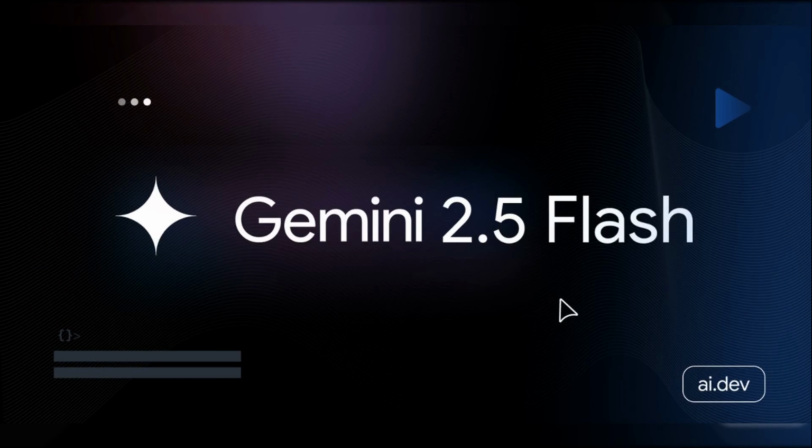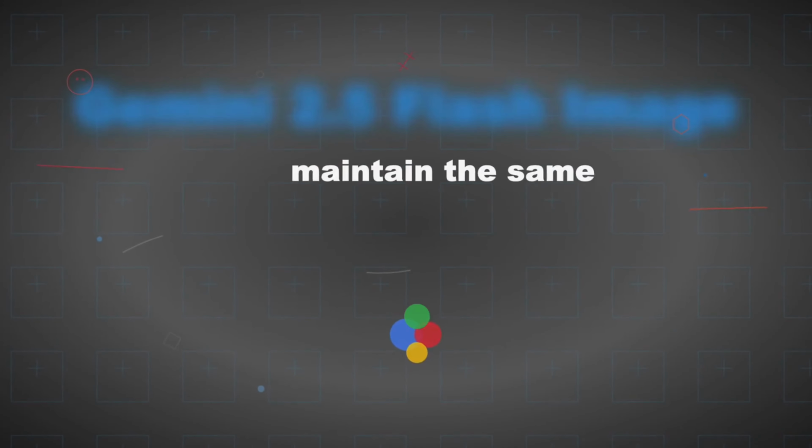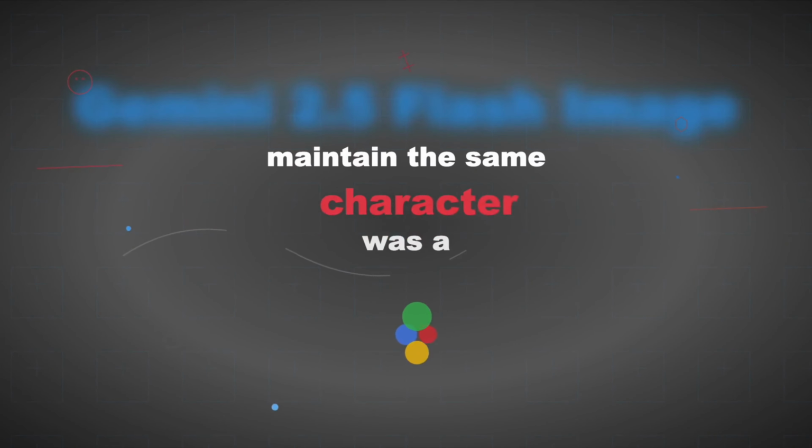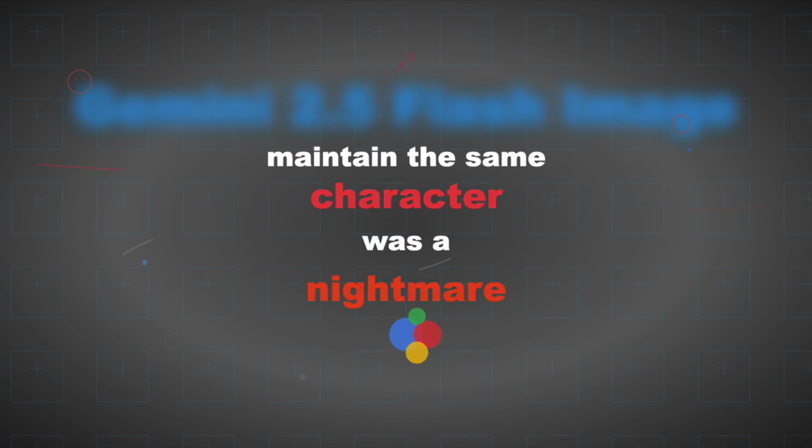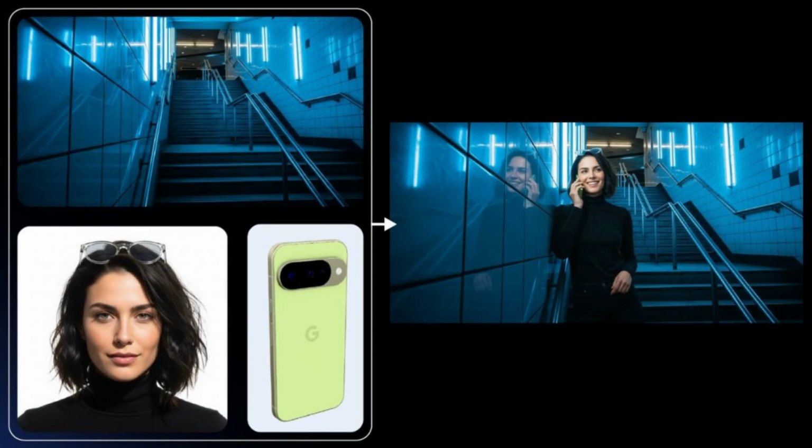So, what makes Gemini 2.5 Flash Image so different? Let's dive into some of the game-changing features, starting with a long-standing challenge in AI art, character consistency. For years, trying to maintain the same character across multiple prompts was a nightmare. Faces would subtly shift, styles would drift, and your carefully crafted vision would quickly fall apart. Gemini 2.5 Flash Image fundamentally solves this problem.